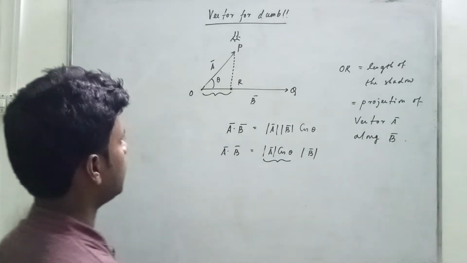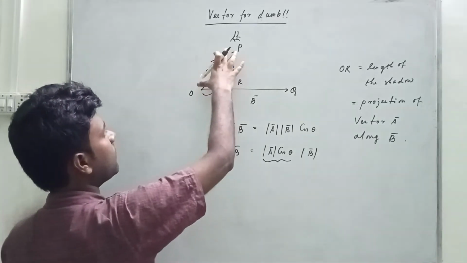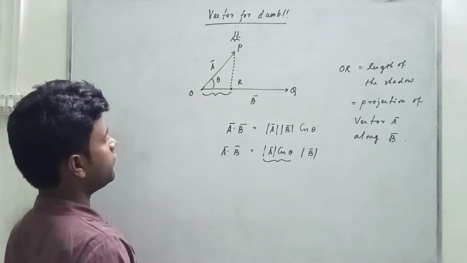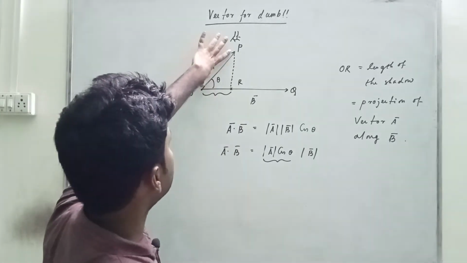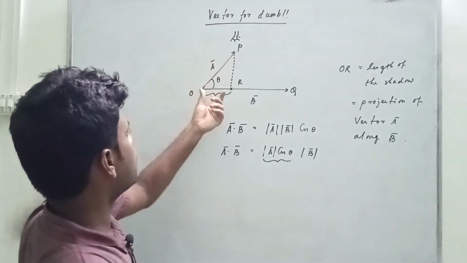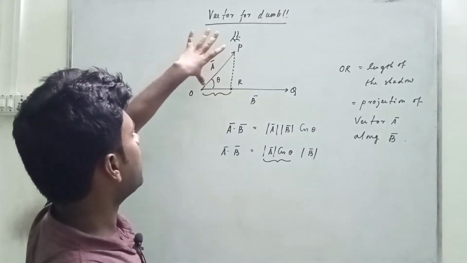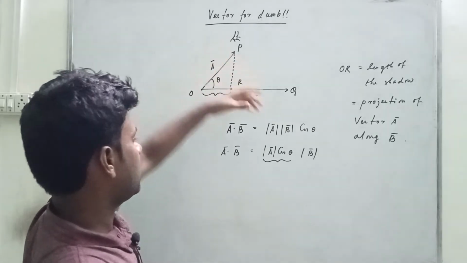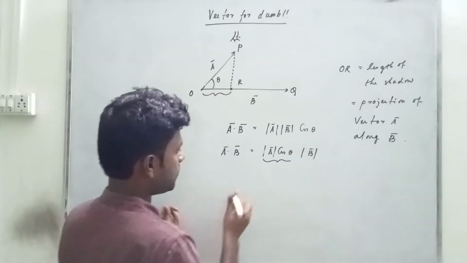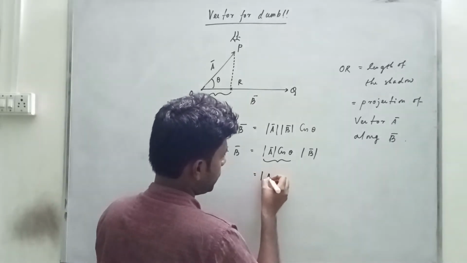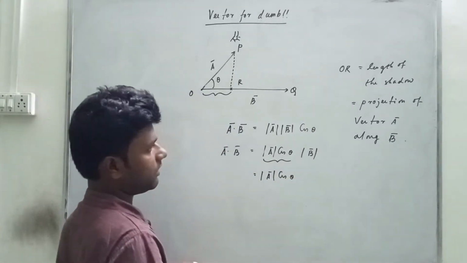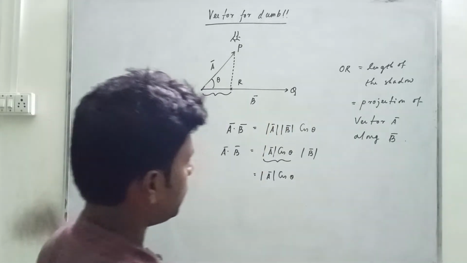So it is your length of the shadow, right? Modulus of A cos theta, because it is OP, that means the magnitude of A here is the length of this thing. So obviously cos of this theta will be base by hypotenuse. All of you know modulus of A cos theta is actually the length of the shadow.